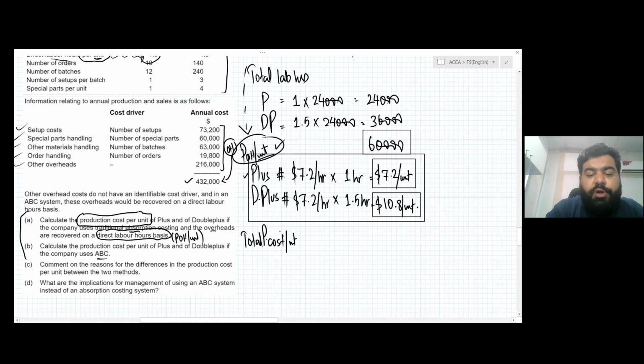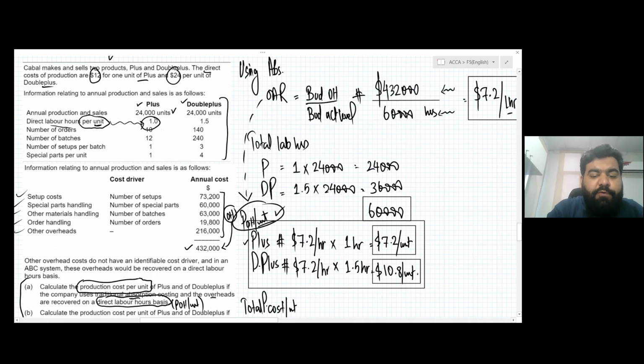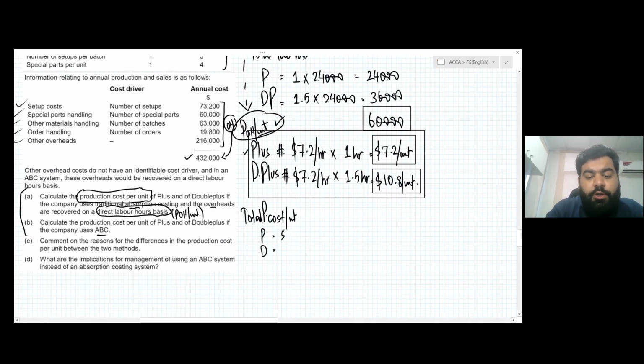Total cost means total production cost. Total production cost per unit for plus and for double plus: the direct cost was 12 and 24, so $12 and $24 direct cost plus the production overhead per unit we have calculated, 7.2 and 10.8. This is in case they are asking for production cost per unit, not production overhead per unit.